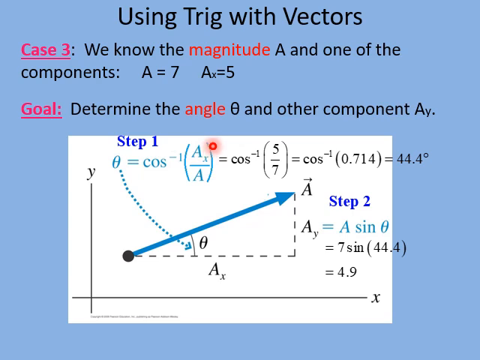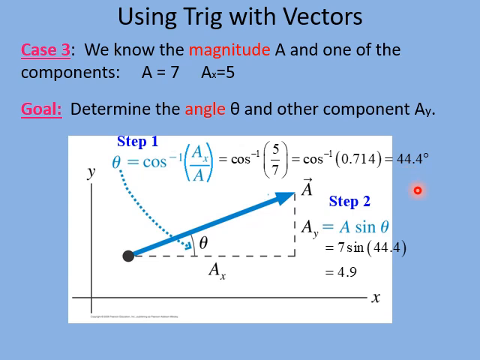So I have a sub x is 5, and of course I know that a is 7. So that means I'm going to use the inverse cosine function. So theta is equal to the inverse cosine of 5 over 7. First, figure that out on your calculator. It's 0.714. And then find the inverse cosine of 0.714, and you should get 44.4 degrees.